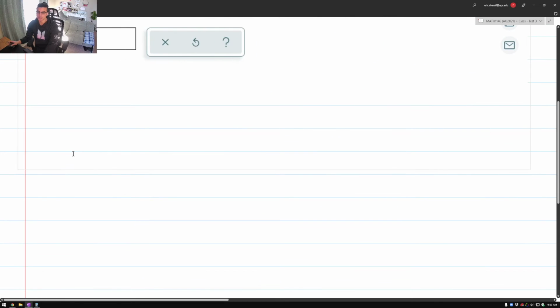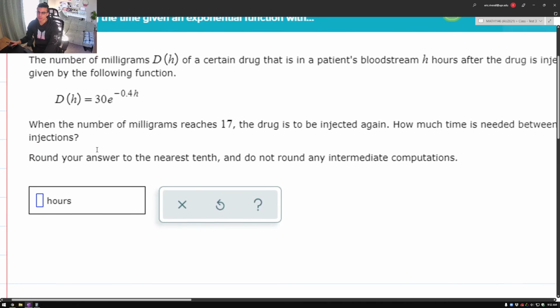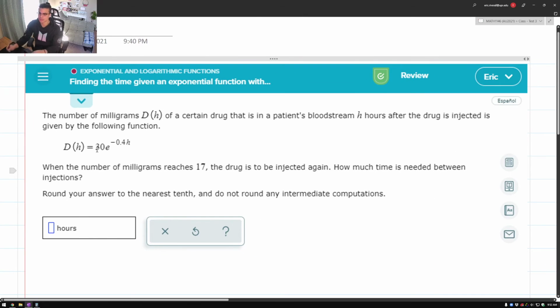In this exercise, the number of milligrams of a certain drug confirms that we are working with a biology problem.